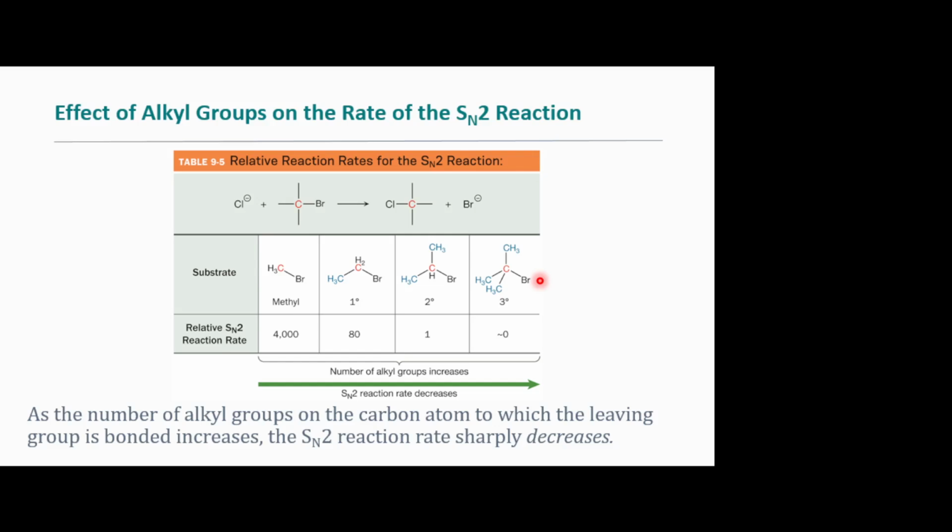If we have a tertiary, on the other hand, we have to come in with so much energy, and the electrons have to actually reach in there, that it becomes almost impossible. A tertiary blocks off essentially every approach to that carbon, so your SN2 reactions become essentially impossible. They're going to be so slow that they're just not going to happen in a reasonable amount of time.